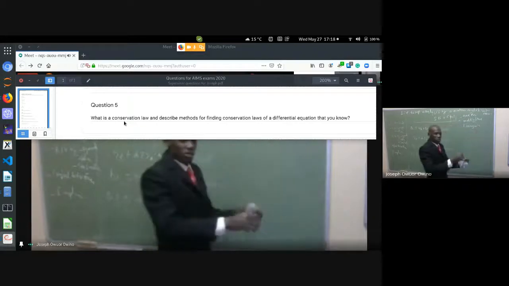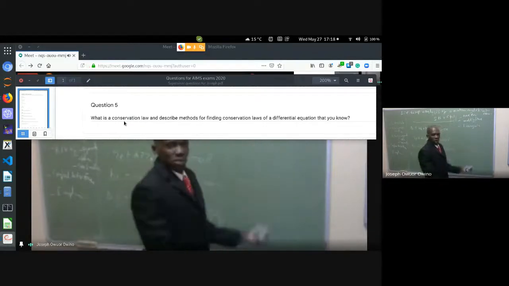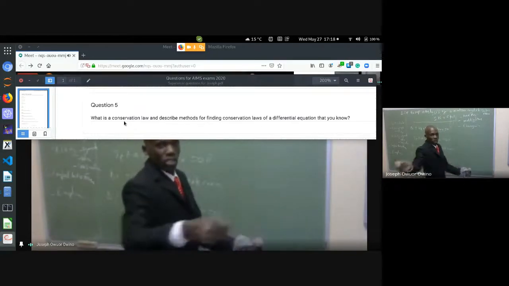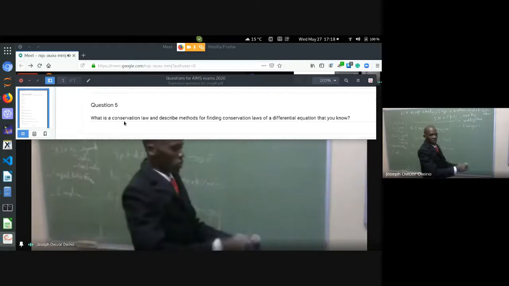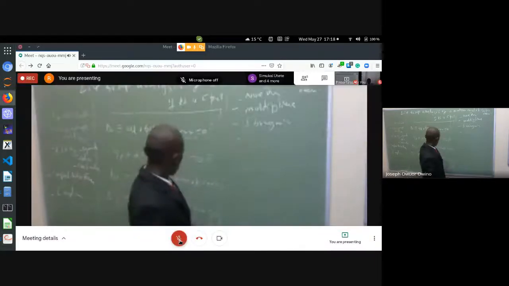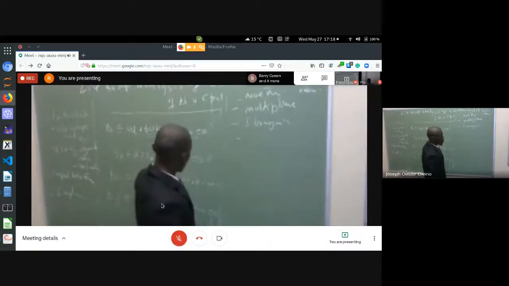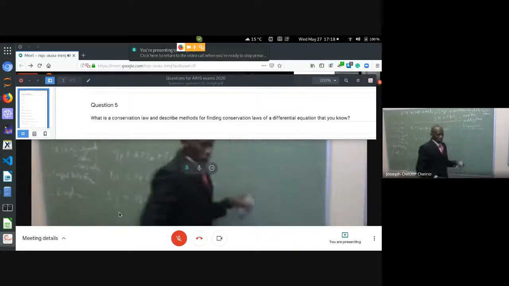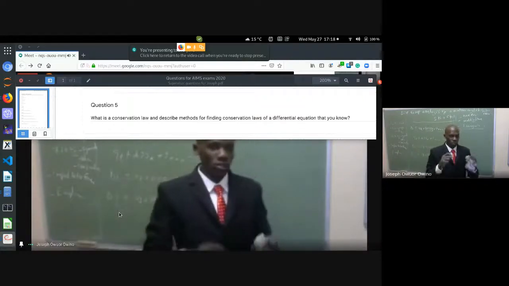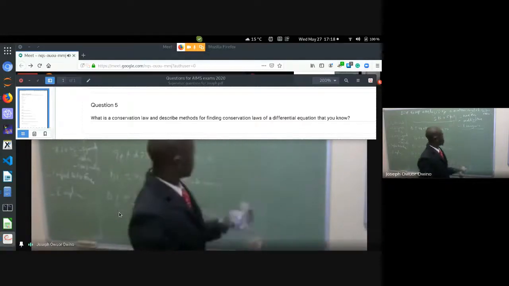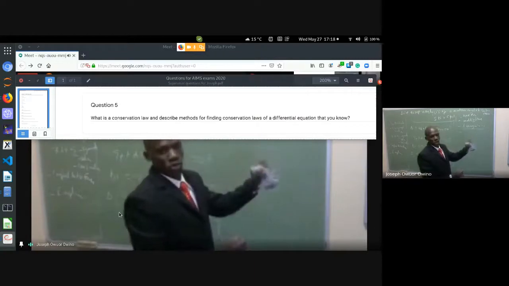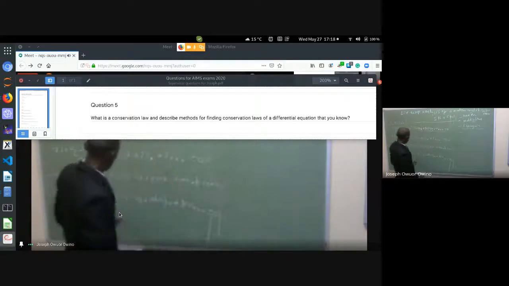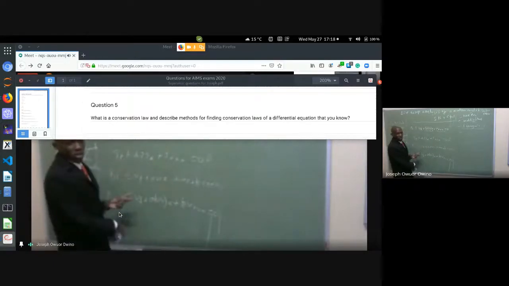So you can choose to use either a zero-order multiplier, where the multiplier is just a function of the dependent and independent variables, or you can increase the order to get more conservation laws. So you can have first order, second order, just as I used second order for the coupled system. Then Ibragimov's theorem is now for all PDEs where you have the same number of equations as the number of dependent variables. So for coupled KdV, you have two equations and two dependent variables.